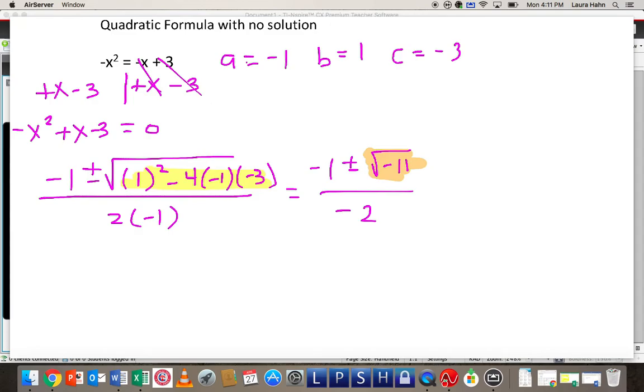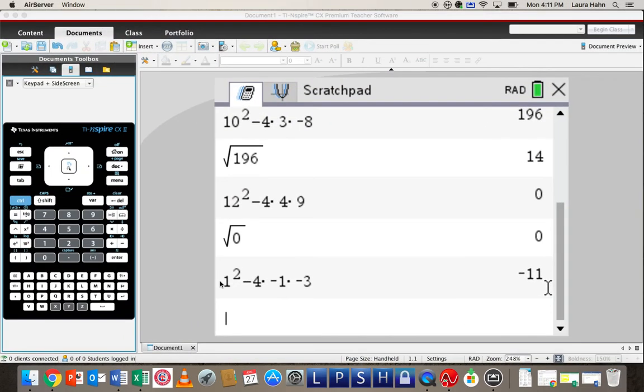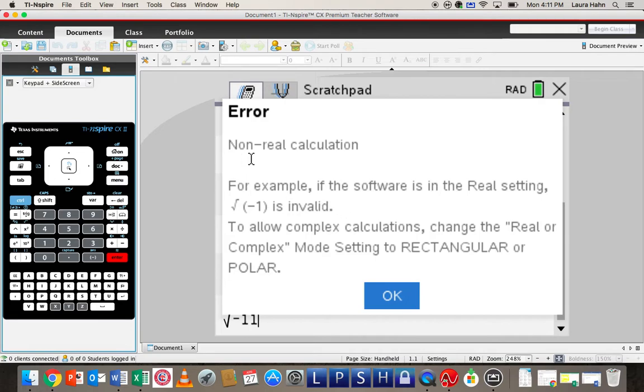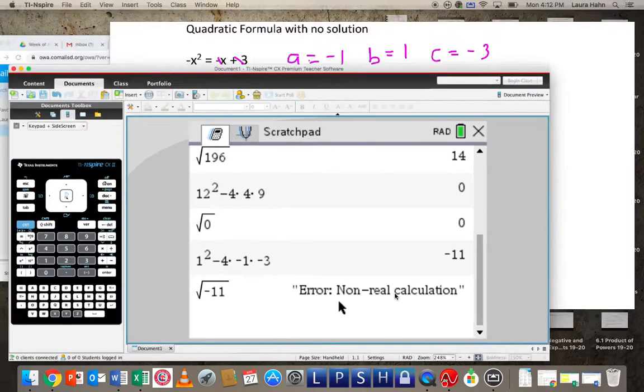All right. So let's go type in the square root of negative 11 real quick. And notice what it says. Non-real calculation, okay? In Algebra 1, we can't take these; they're what you call imaginary numbers, which we won't deal with in Algebra 1. So whenever we're dealing with the quadratic formula, what it means when we get the square root of a negative number, guys, is you can stop your work right there.